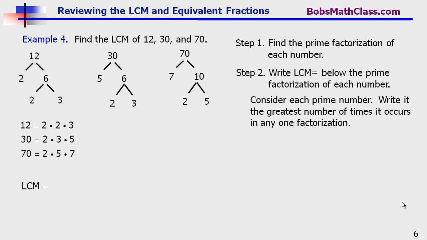Twice, right? It occurs twice in the top row. There's 2 2s in the 12. Now the 3. What's the greatest number of times the 3 occurs? Just once. It occurs once in the 12 and once in the prime factorization of 30, so it'll just be once.